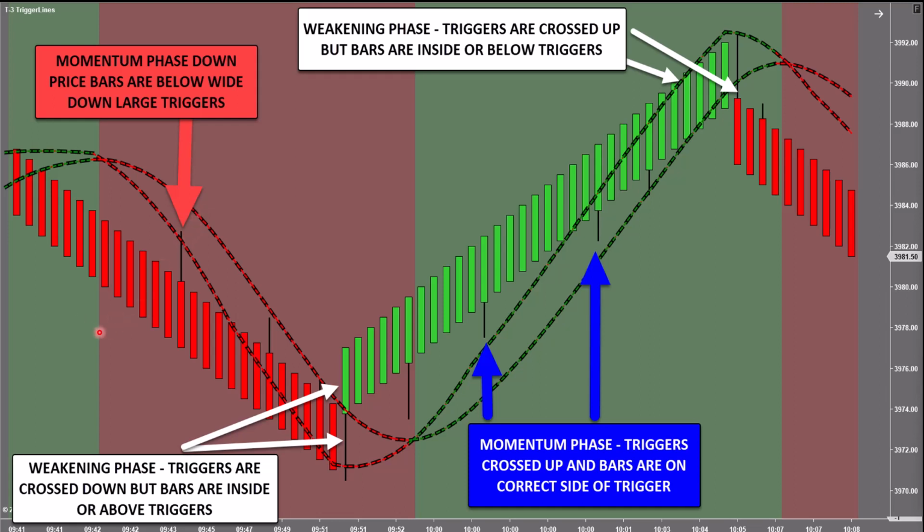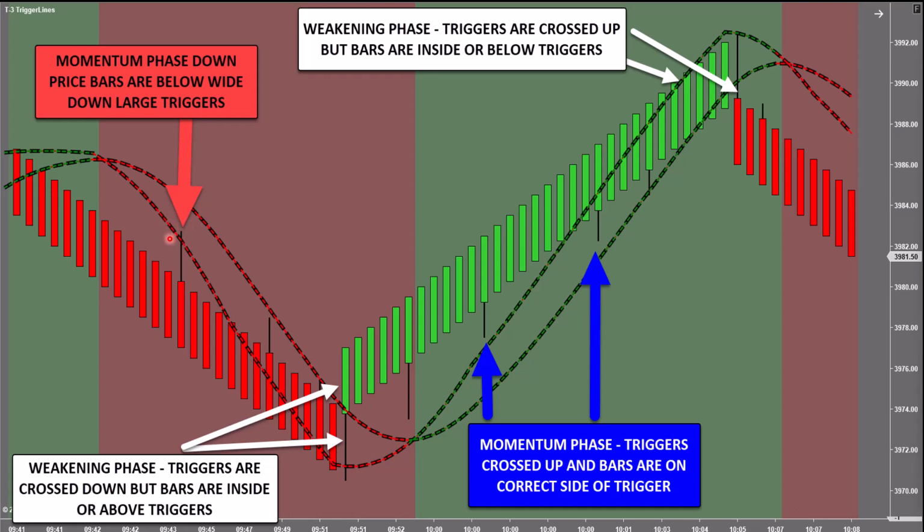So it doesn't matter what else is going on over here. What we're looking for is the bodies of the bars to be completely below the large triggers. And then we're looking for the width of the large triggers to be increasing and growing as the market's going down. And obviously, that's where we're going to do trades.